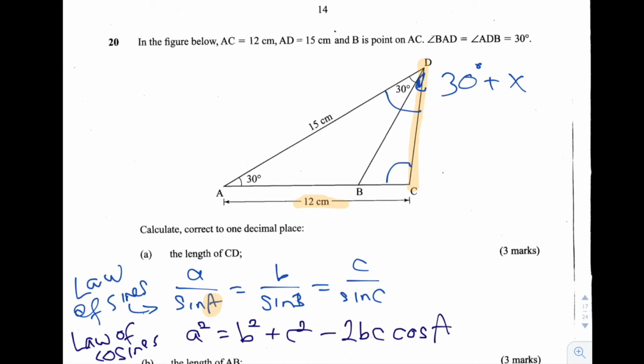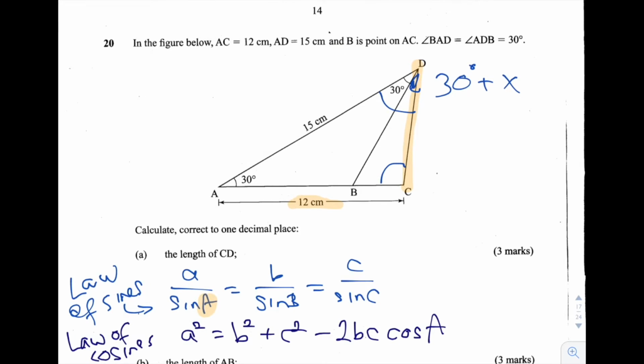So would this be an appropriate formula to use to solve this question? It doesn't seem that it would be, because if we want to find CD, we could use 30 as the opposite angle, but we don't have any length and angle pairs for b over sine B or a over sine A, say if c is going to be our CD. So we can't use the law of sines. How about the law of cosines?